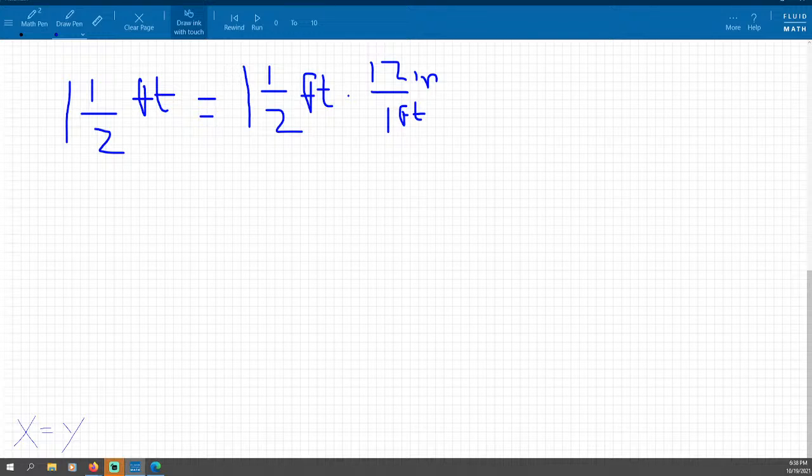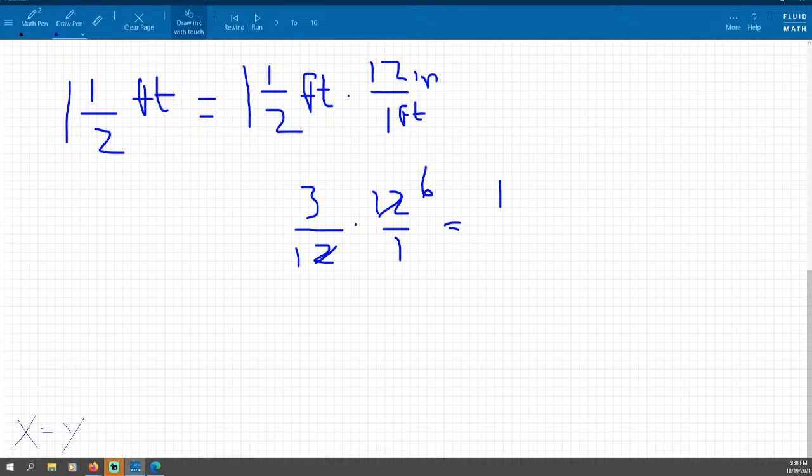Now this is multiplication. Let's make this into an improper fraction first. So 2 times 1 is 2, plus 1 is 3, so it's 3 over 2, times 12 over 1. Now we know we can cross cancel here, so 2 goes into 2 one time, and into 12 6 times.